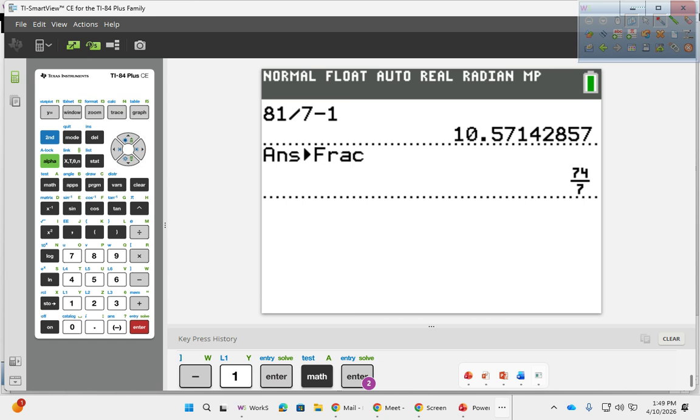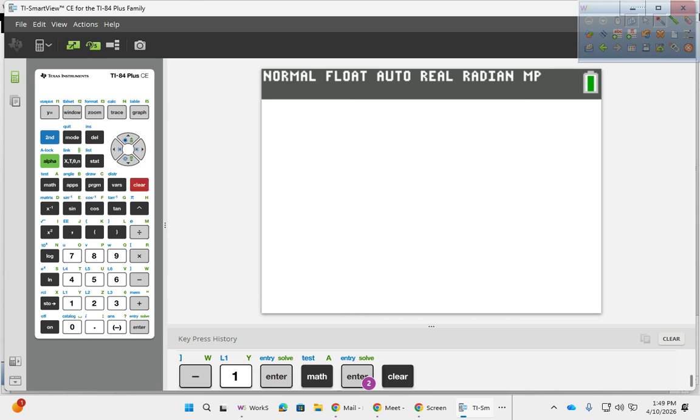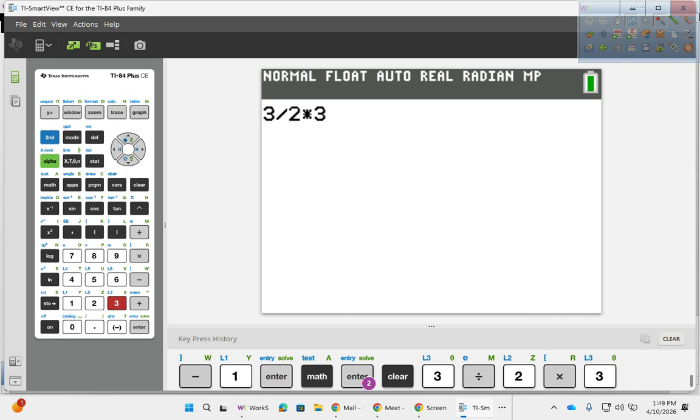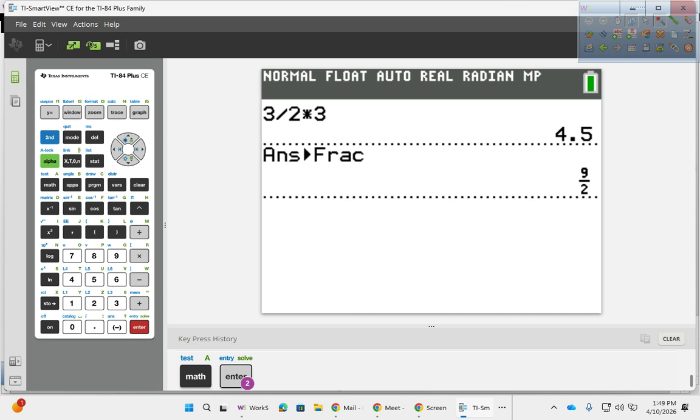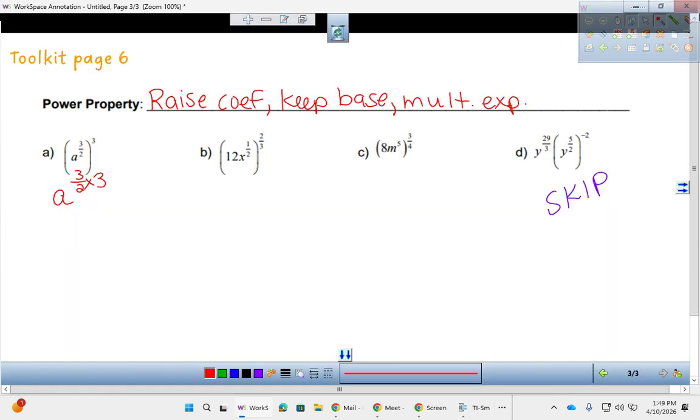You don't have to use parentheses or anything like that. It's just 3 divided by 2, which is the first fraction, times the second part is a 3. If you get a decimal, change it to a fraction. All right, 9/2. So my exponential form is a to the 9/2.